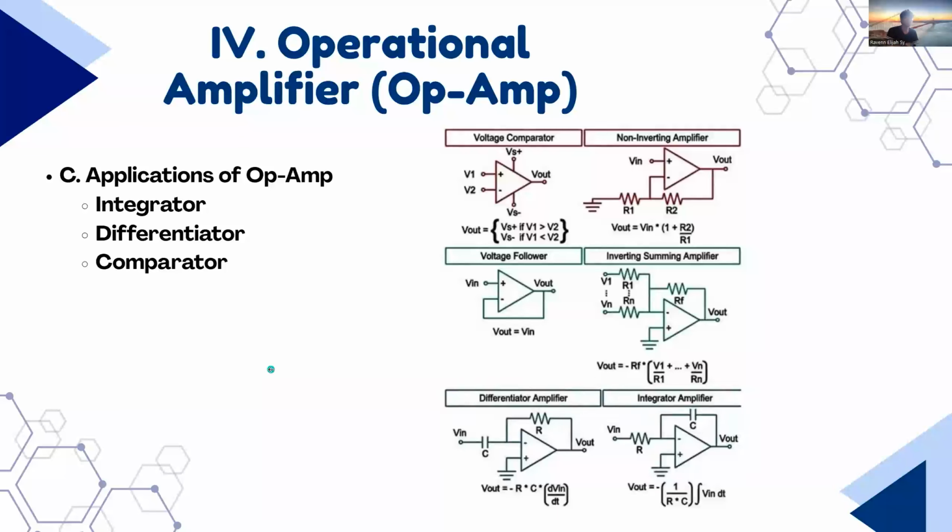Operating in open loop without any feedback, the op-amp compares the voltages at its two inputs. If the non-inverting input is even slightly higher than the inverting input, the output immediately saturates to the positive supply rail. If lower, it drops to the negative rail.